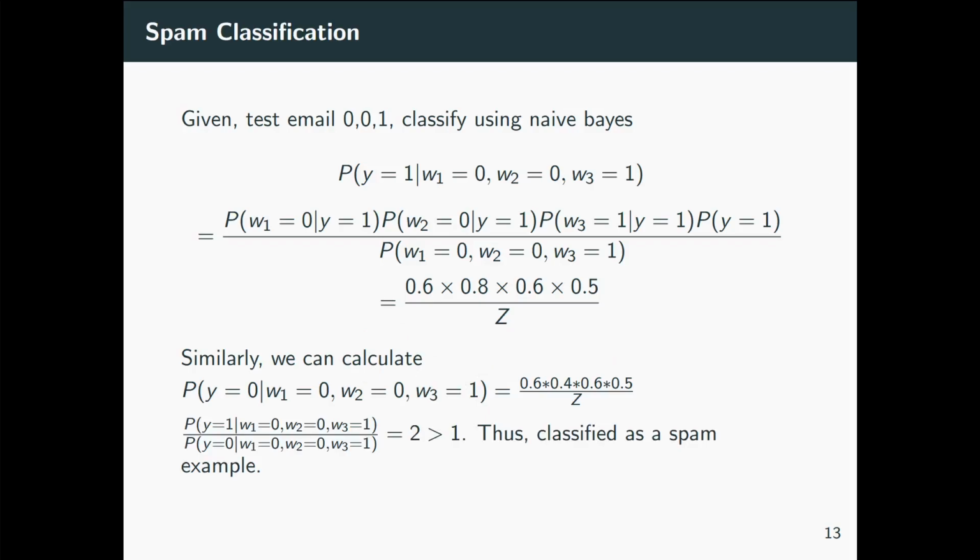So this is a simple neat trick: you don't even need to compute the normalization constant. And given that this ratio is greater than 1, this example is classified as a spam example.